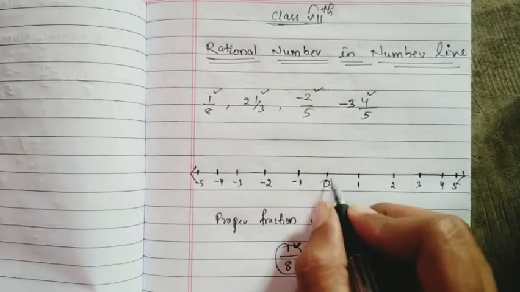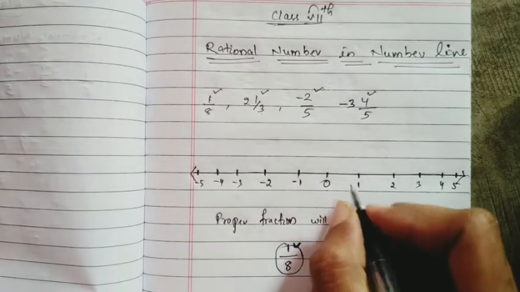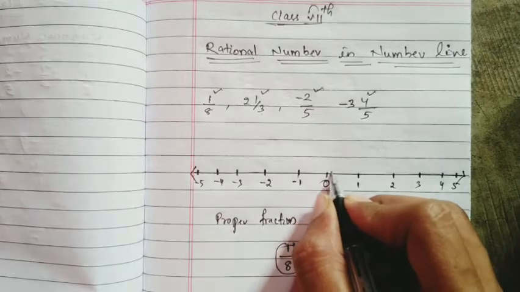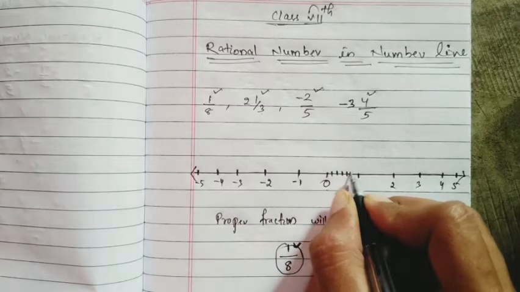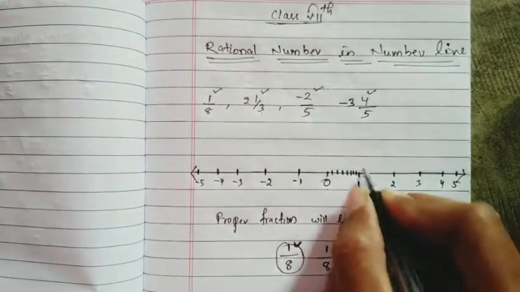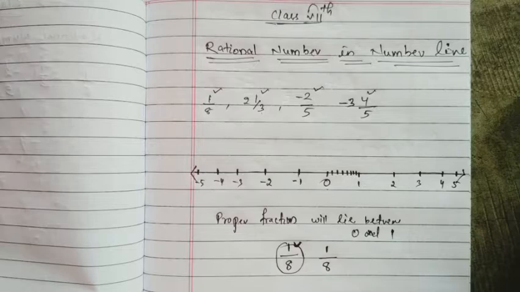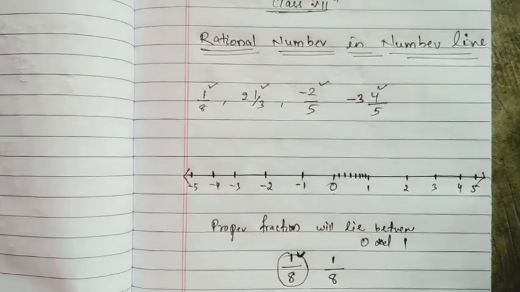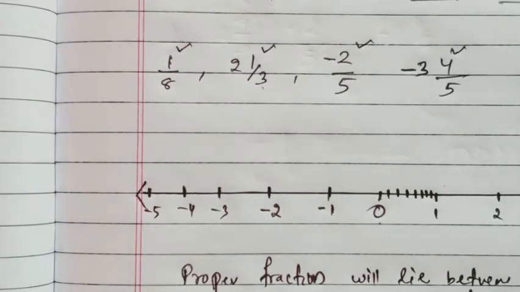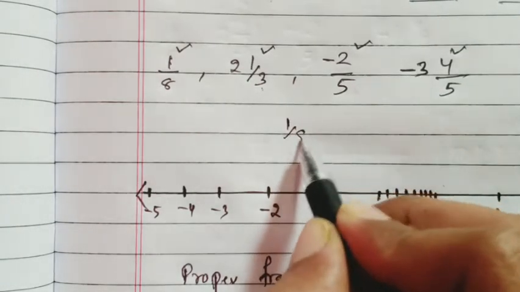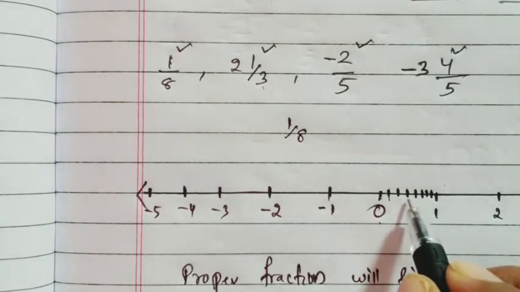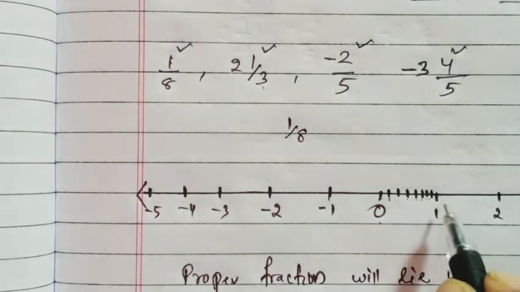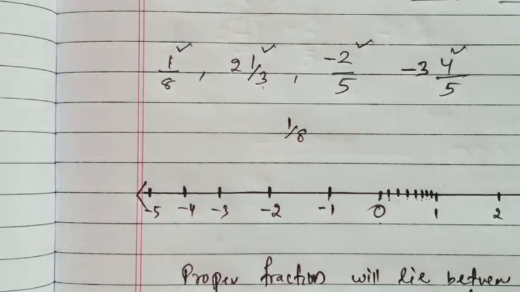So we will divide 0 and 1 into 8 parts: 1, 2, 3, 4, 5, 6, 7, and this is 8. Now you can see the 8 parts I have divided.